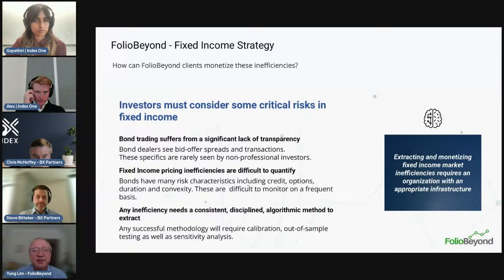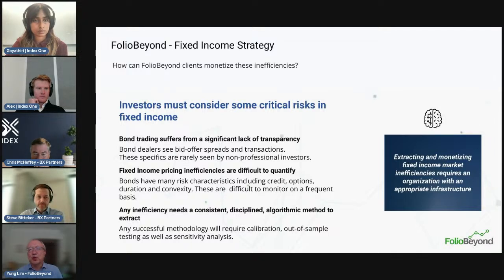So what FolioBeyond has done, and we've been running this model since more than 5 years ago, is to capture all these dynamics using quantitative methods and understanding, first of all, fixed income markets are dominated by institutions. There are pension funds and insurance companies that have their own set of goals with regulatory constraints. What these types of investment actions by institutions result in is some market inefficiencies.